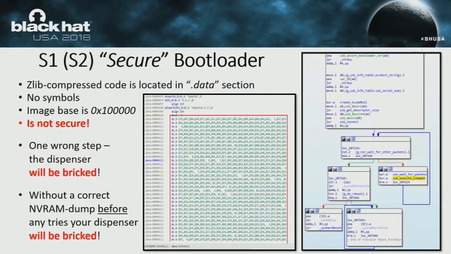The bootloader itself had been hiding from us for a long time. Its code could have been found by string search or function name search. We found it in the data section in the form of a lib stream. Actually, the word secure in its name is fake, because there is nothing secure in it.